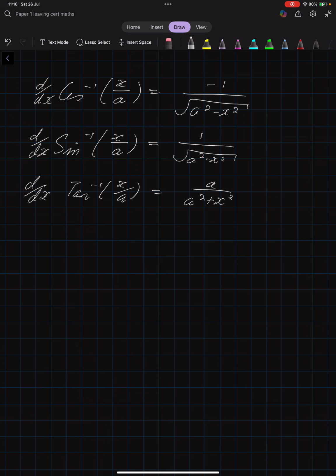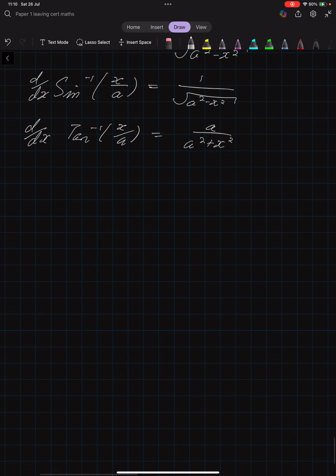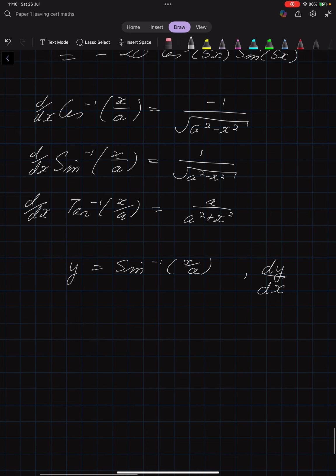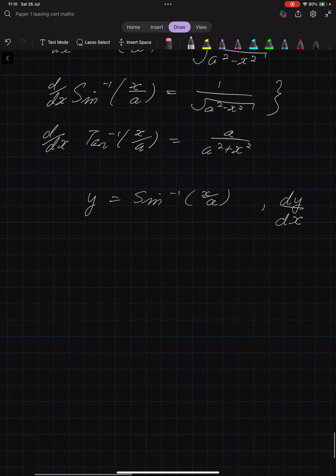So basically, they might say, okay, well, y is equal to sine minus 1 of x over a. Basically, differentiate this. So what is dy dx? So how can I show that this is actually the case? Basically, what you always do is you just invert this thing. So you'd say, okay, well, that means that sine of y is equal to x over a.